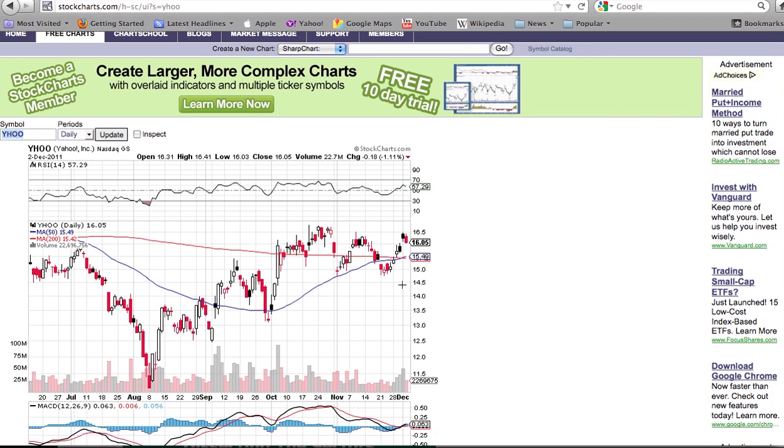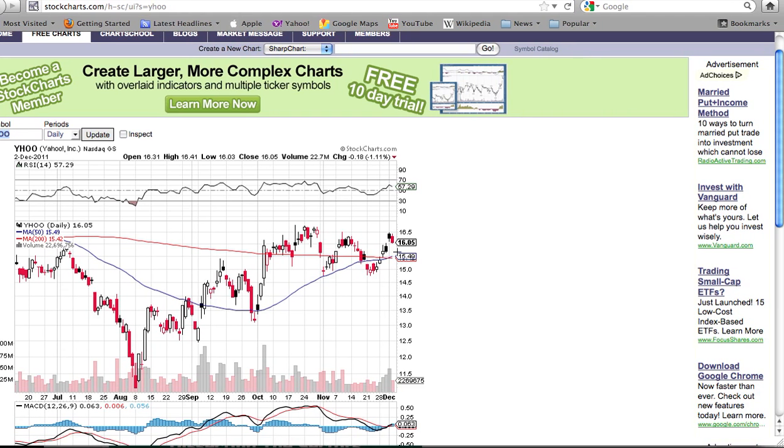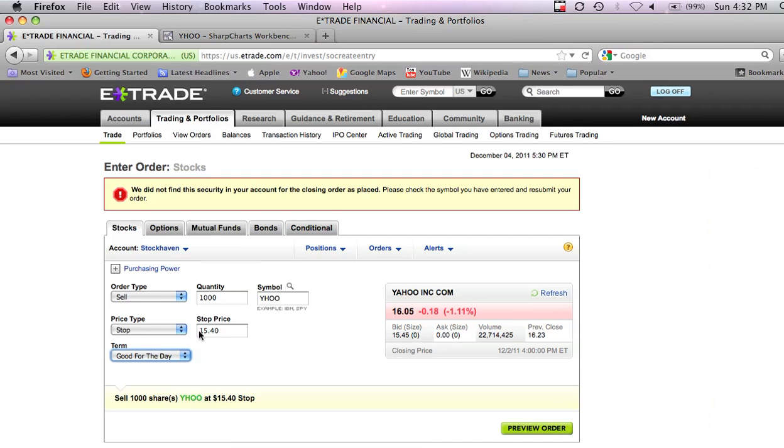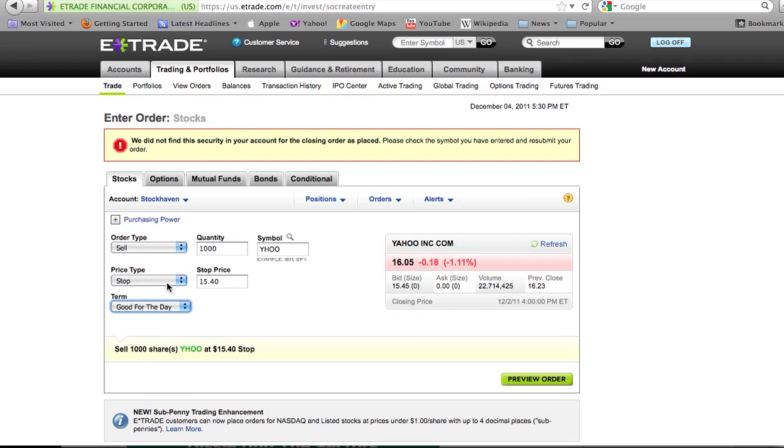So remember, if it goes up to 1650 or 17 and you want to take profits, you will need to cancel this stop loss. You would go to your orders, then cancel this stop loss, and then you'd sell it at a profit if it was at 17, something like that.